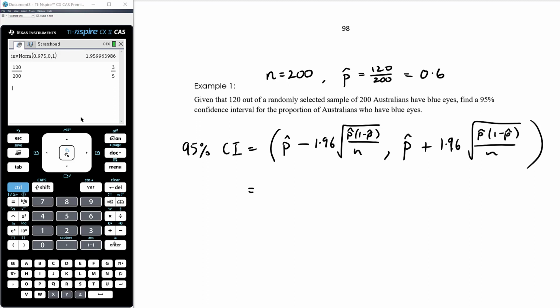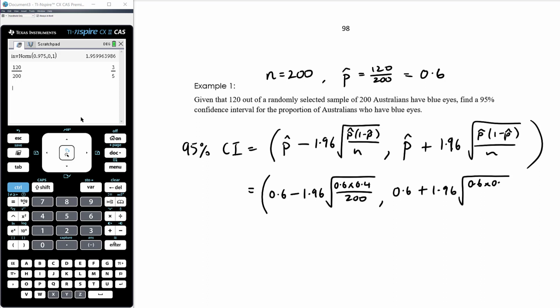So we know that our confidence interval is going to be 0.6 take away 1.96 times the square root of 0.6 times 0.4 over 200, or 0.6 plus 1.96 times the square root of 0.6 times 0.4 over 200. So 0.6 minus 1.96 times the square root of 0.6 times 0.4 over 200.